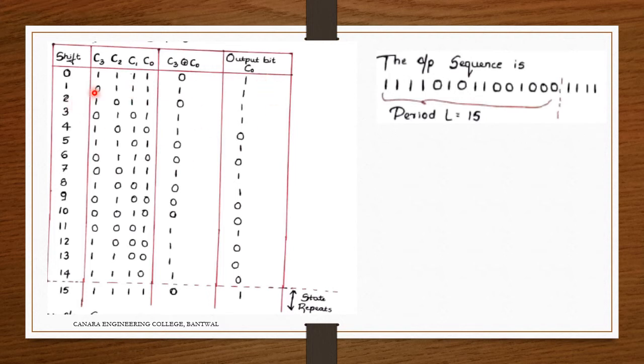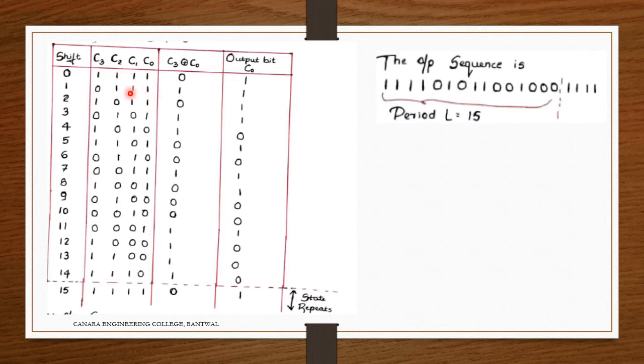Now initially, shift 0, the initial state is 1 1 1 1. But what is C3 modulo 2 of C0? 1 plus 1, 2 divided by 2, remainder 0. So it is modulo 2, 0, but the output bit is 1. Then this is given as feedback to C3. Then the shift is going to occur.